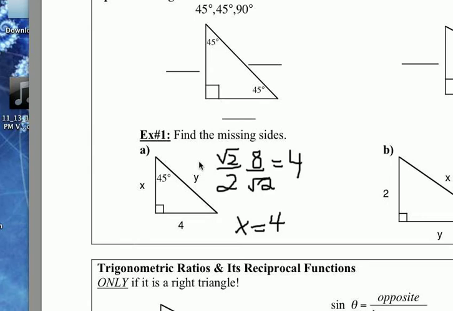We're scaling this triangle up again by 8 over root 2, or we reduce down to 4 root 2. So we simply multiply 1 times 4 root 2, which is pretty simple. That's simply going to be y equals 4 root 2. We would call this triangle solved because we now have all 3 sides and all 3 angles.